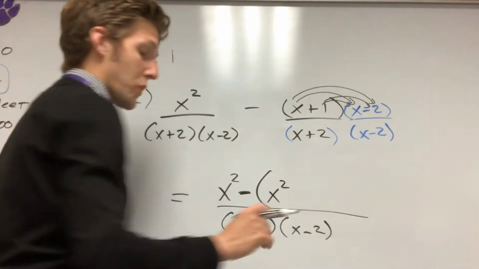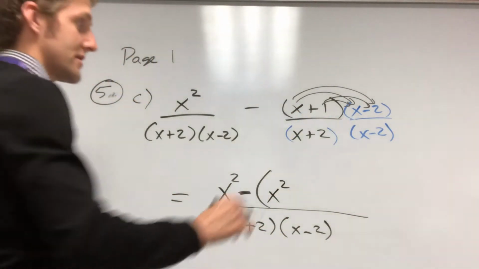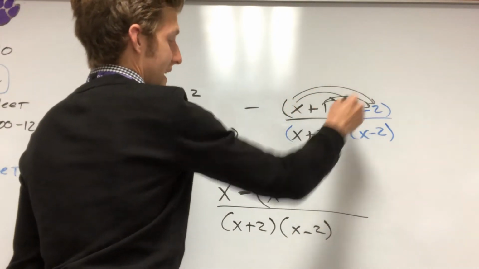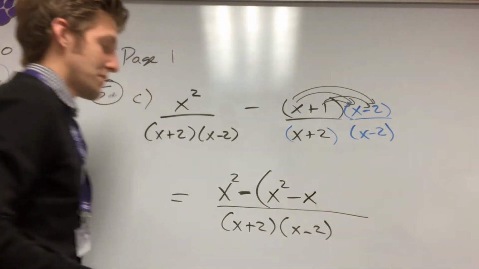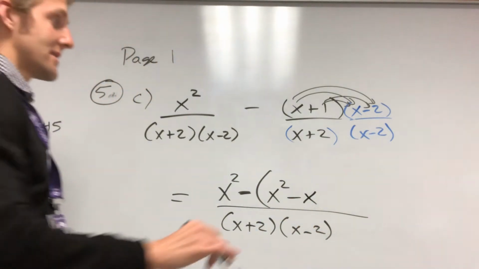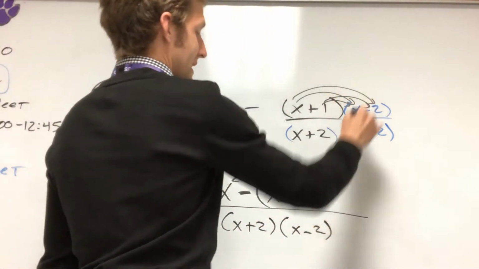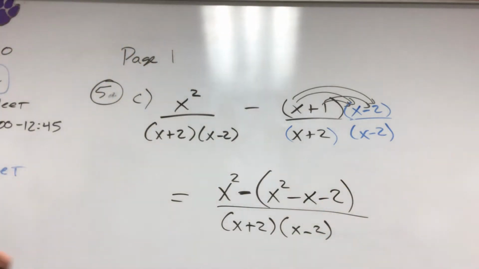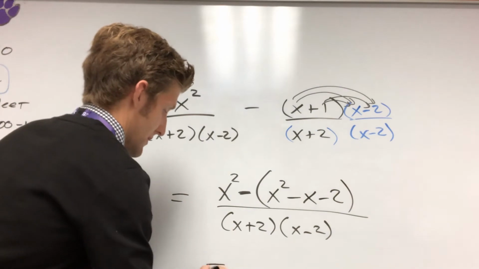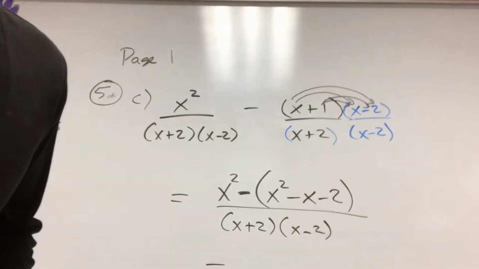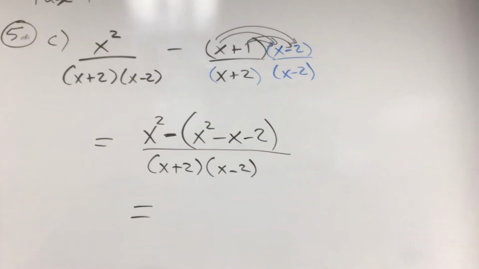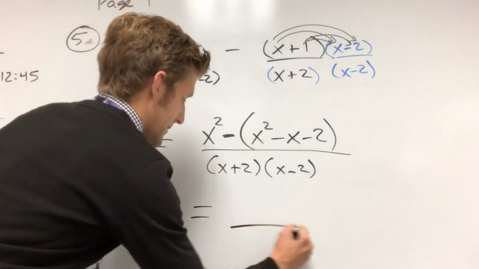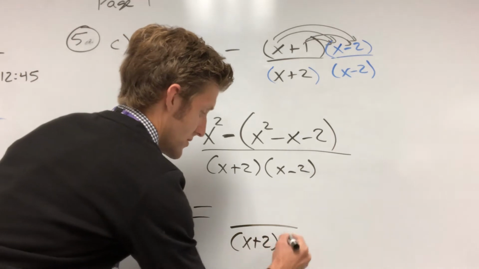Now we should be able to foil in one step in calculus. x squared minus 2x plus x, minus 2x plus x is a minus x, and then 1 times 2 is a -2. All right, up top. I can't see that. Bring it on down. All right, looking better. So the denominator is going to be x plus 2, x minus 2.